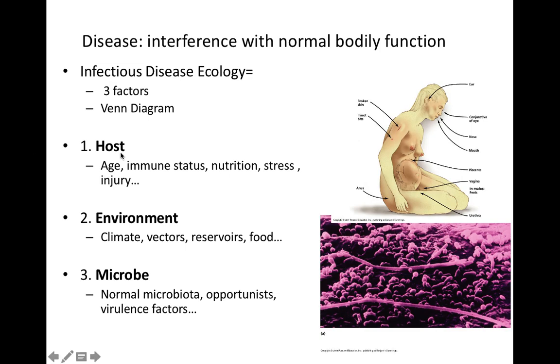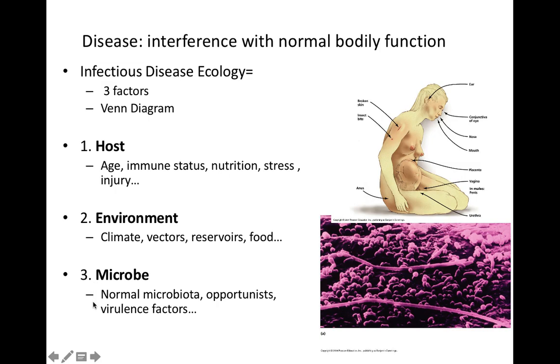With regard to the host, you consider the age, the immune status, their nutritional status, the level of stress they're under, and if they've had any injuries or surgeries. All of those factors can influence whether infectious disease can occur. With regard to the environment, we think about climate, whether there are arthropod vectors around, whether there are reservoirs around, and the cleanliness of drinking water and food, for example. And then the microbe itself.